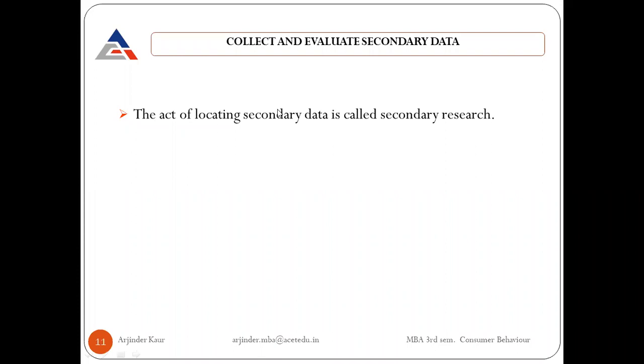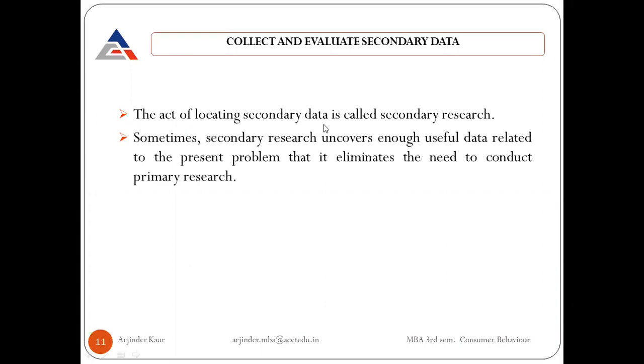It is data that is already available somewhere, and that is called secondary research. From time to time, governments publish reports for various industries. Those reports we can make use of for understanding our industry better. So that is the use of secondary data.